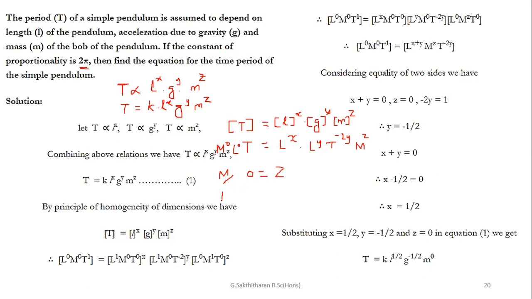Then we equate the power of length. Here left hand side is 0, right hand side L to the power x into L to the power y. For equal bases in multiplication, the powers add.